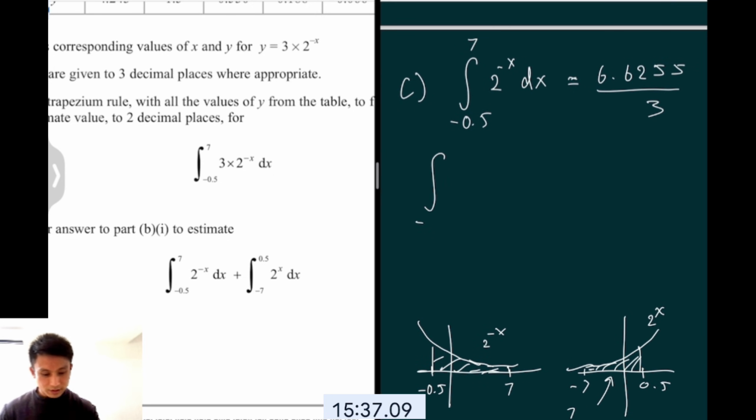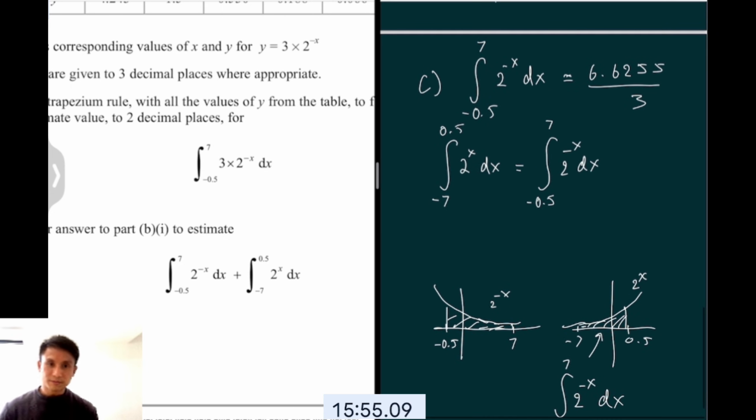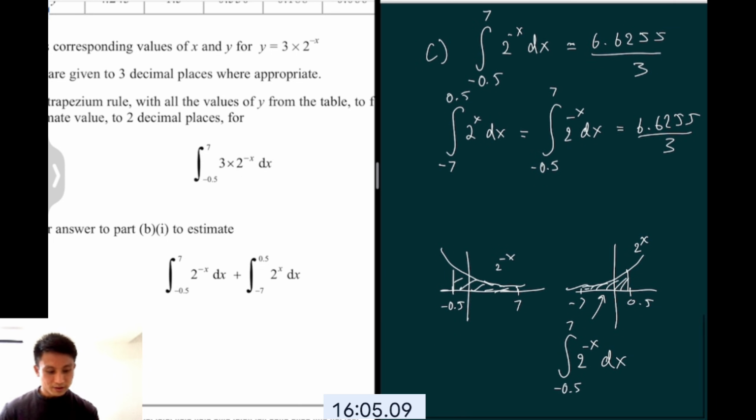So the integral of 2 to the x dx is equal to the integral of, you flip, minus 0.5, 7, 2 to the minus x dx, from the diagram below. That means this is basically just that same thing up there, because we already got it.